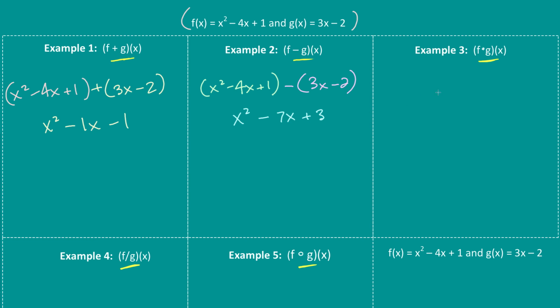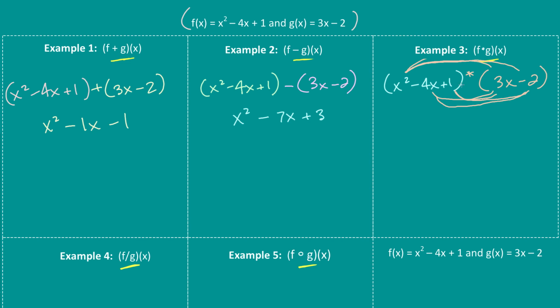The next one, we're just going to do something similar, just multiply them. So x squared minus 4x plus 1 multiplied by 3x minus 2. Don't forget to distribute here, so we're going to do something like this. This to that, and then these two to those, and then this to that.